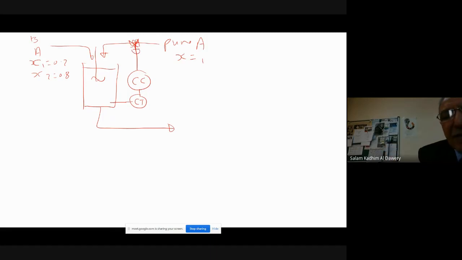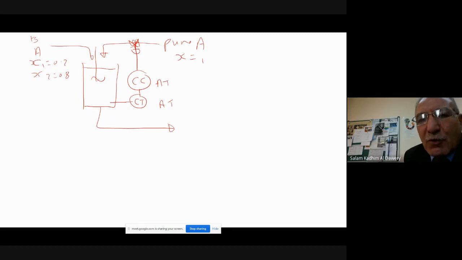Sometimes we call it a transmitter for analytical material. For example, we measure pH, oxygen concentration, component concentration, and here we put AT control. So you see, this is a type of control.